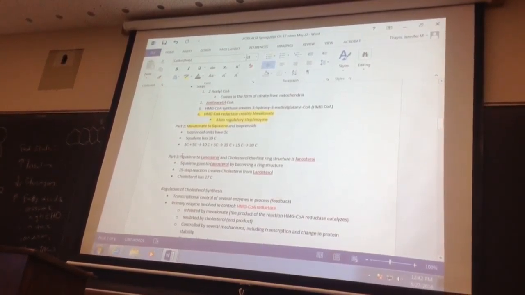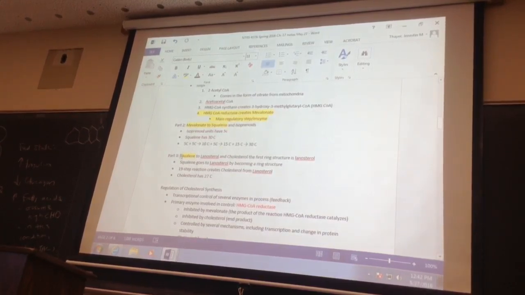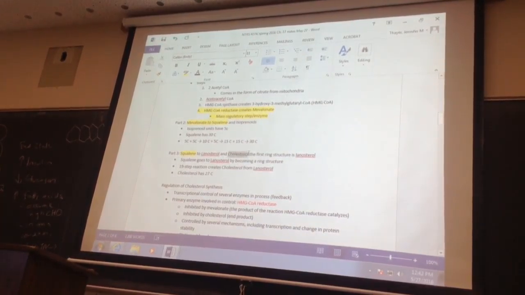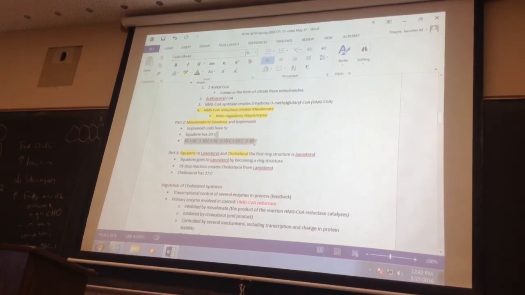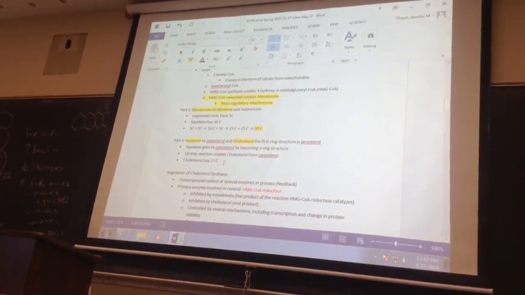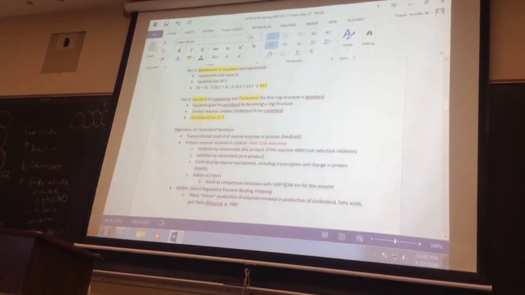And then you go from squalene, and lanosterol is also an intermediate, it's like the precursor. Squalene to cholesterol. And I want you to notice that you actually get rid of a couple carbons, right? Like right here, you go from 30 to 27.